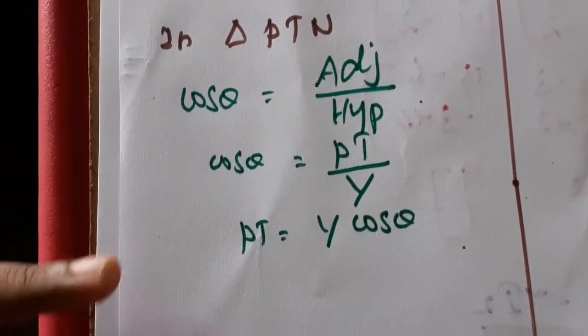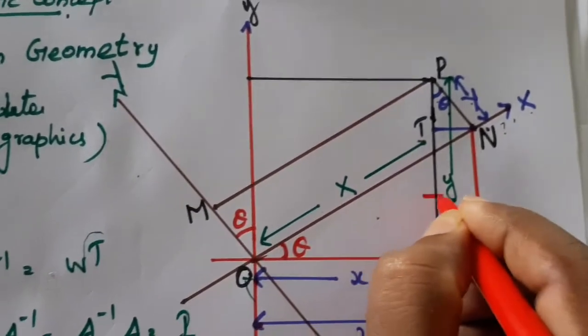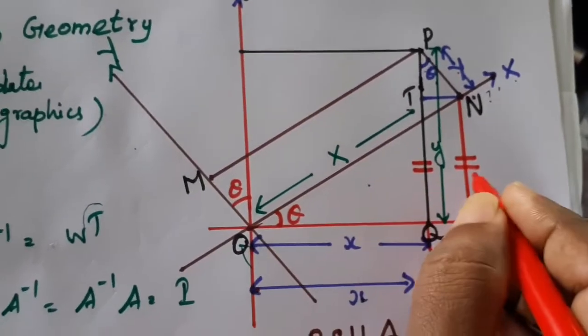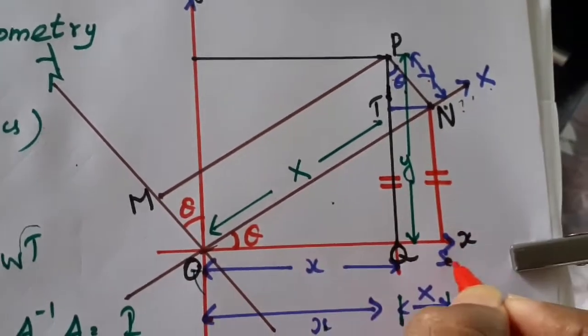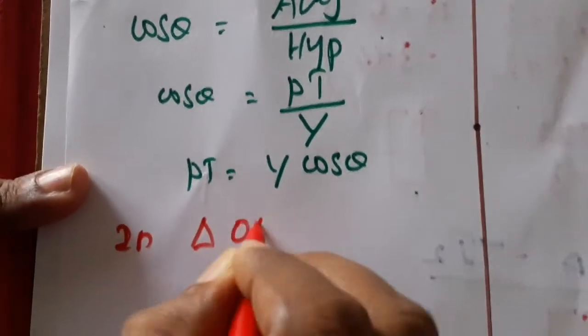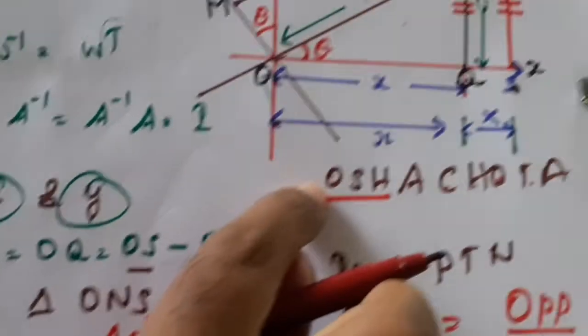Now we are moving to the next one, TQ. Listen carefully. This is isosceles, so two sides will be equal. So we can check it in triangle ONS. ONS means sin theta form. What is the meaning of sin theta? Opposite divided by hypotenuse.